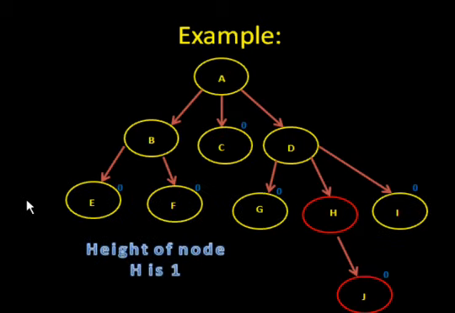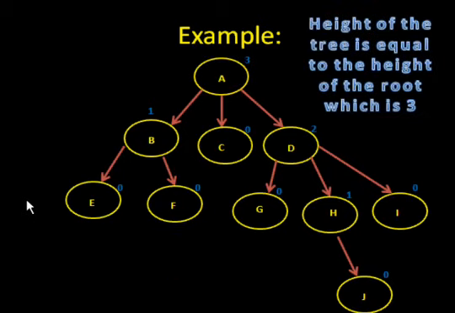The height of the node H is 1. The height of node D is 2. The height of node B is 1. And the height of node A is 3. The height of the total tree is also 3, which is equal to the height of the root.